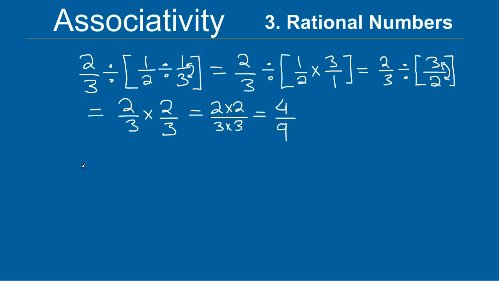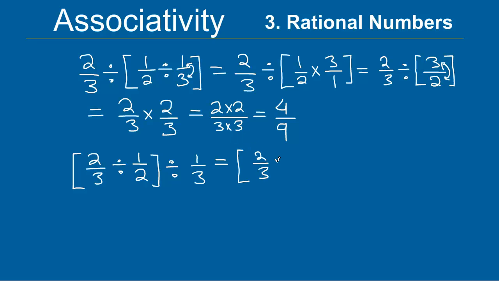Now let's see what happens when we do 2 by 3 divided by 1 by 2 first. So this rational number divided by this, we carry out this, and we then divide that by 1 over 3. Let's see what we get here. So we will get 2 by 3 multiplied by 2 over 1, divided by 1 by 3.